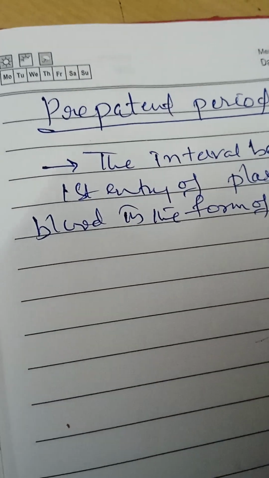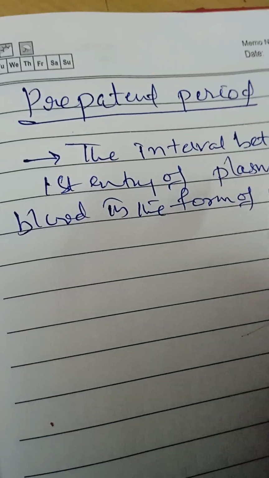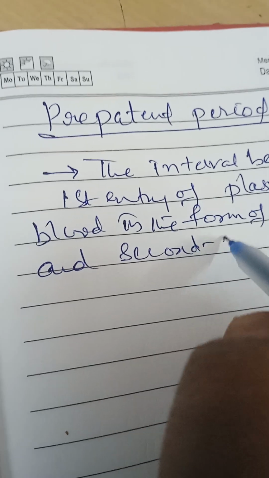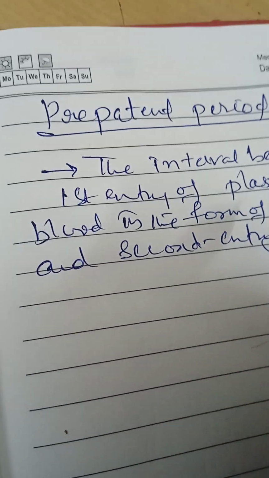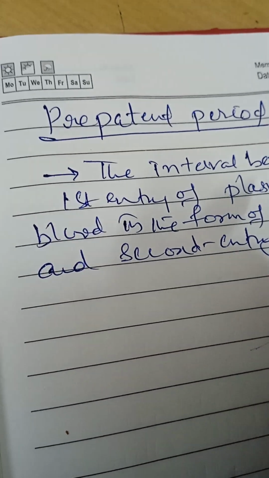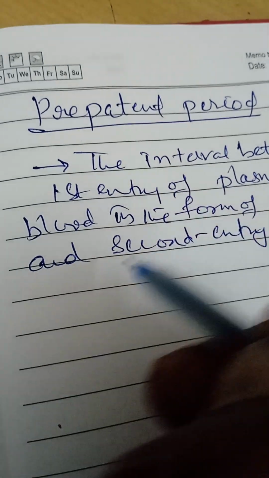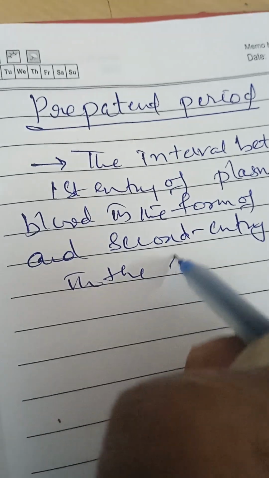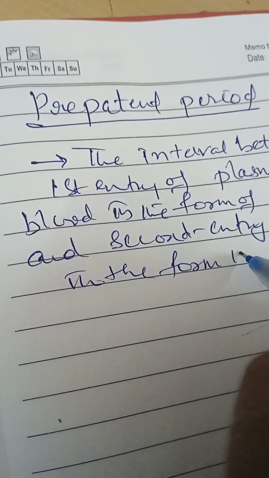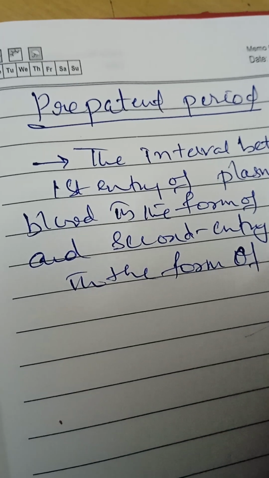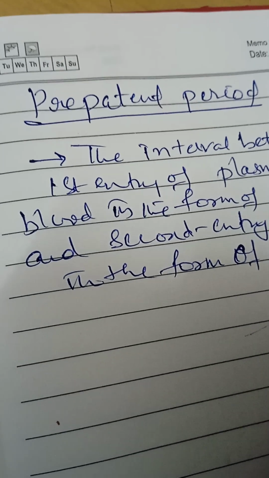So these sporozoites first enter the body, and the second entry of the plasmodium in the blood is in the form of cryptozoites. What is that? Cryptozoites.